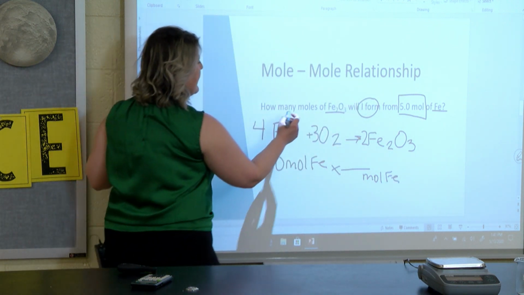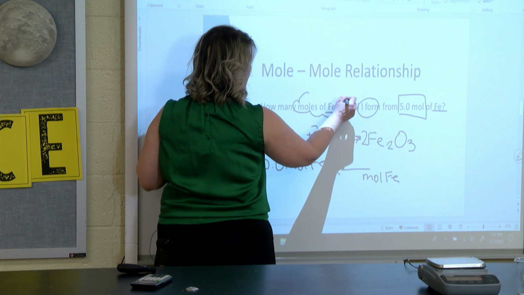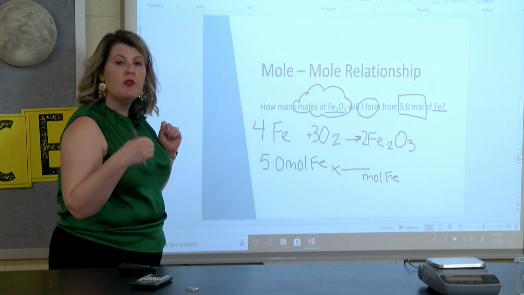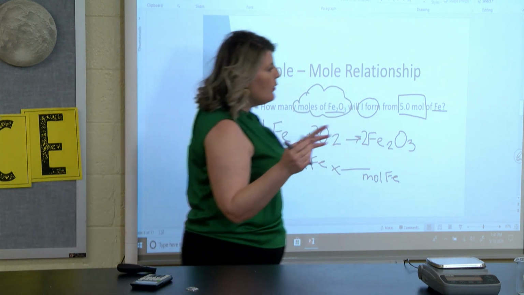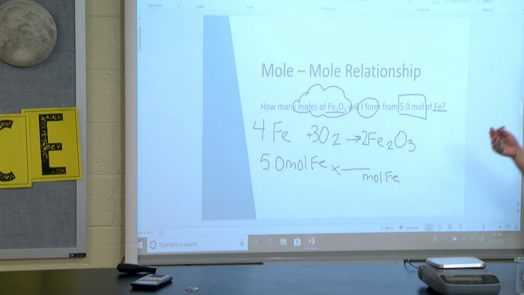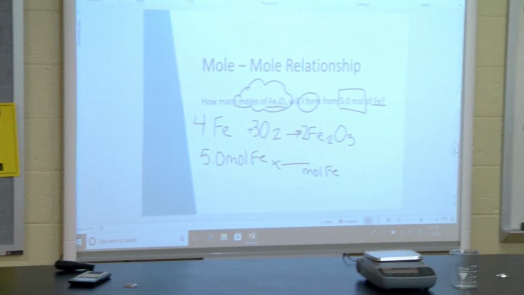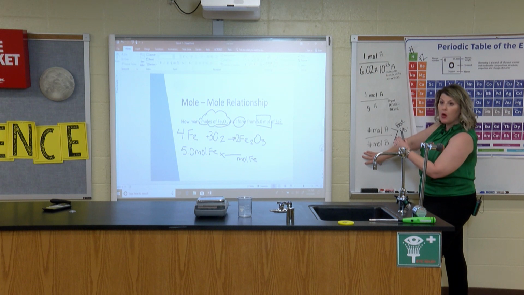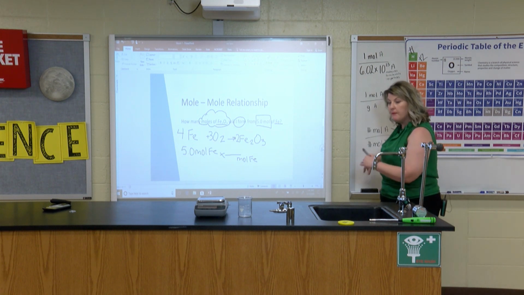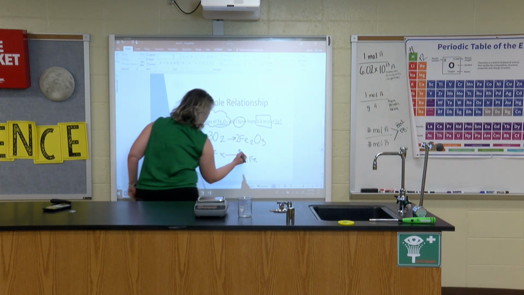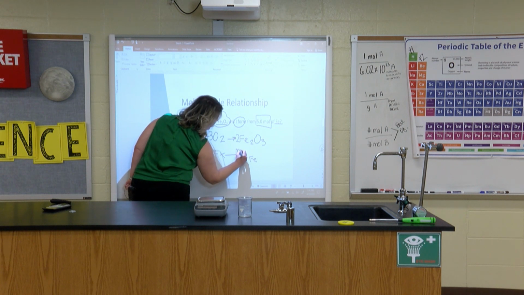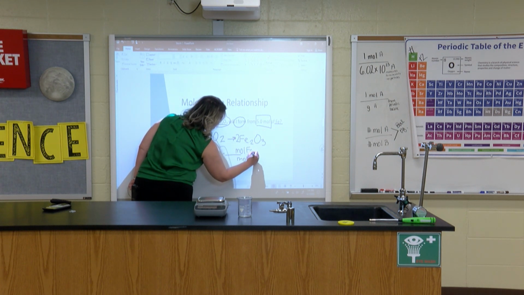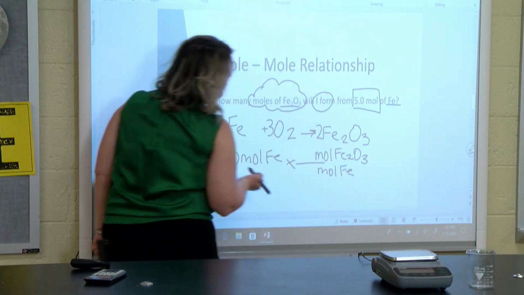Well, I'm trying to get to moles of Fe2O3. So the only way that I can change chemicals in my conversion factors is by using this third one, which is moles of A over moles of B. So I'm going to come back over here, and on top of moles of Fe, I'm going to put moles of Fe2O3.